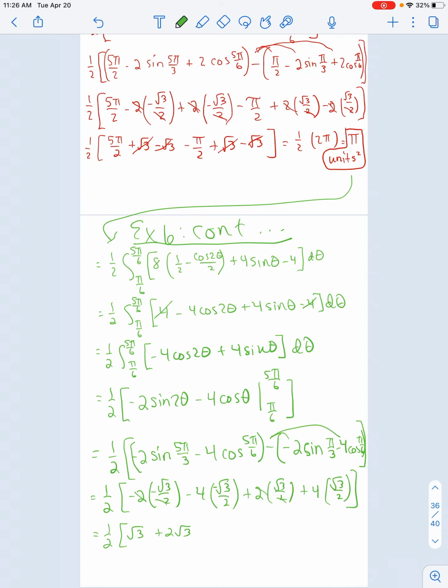So this is a positive square root of 3, positive 2 root 3, positive root 3, positive 2 root 3.